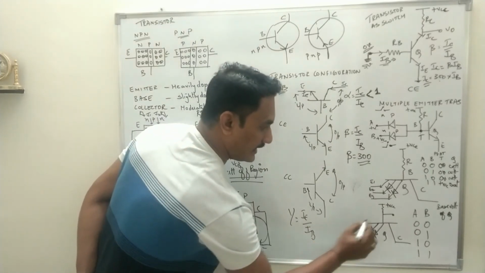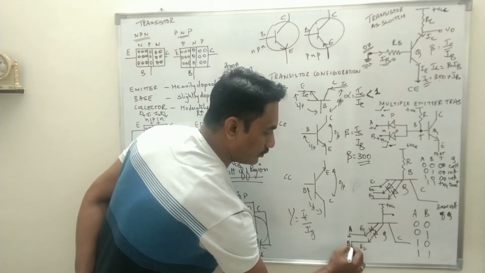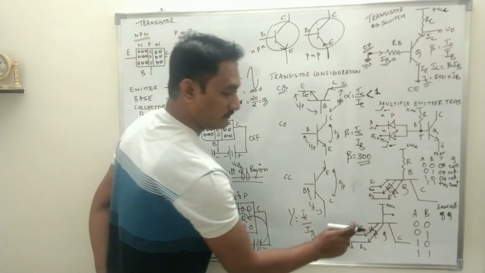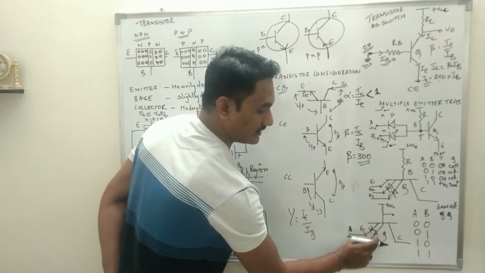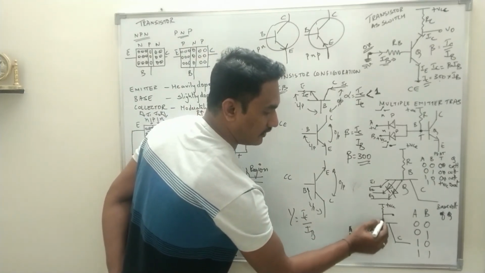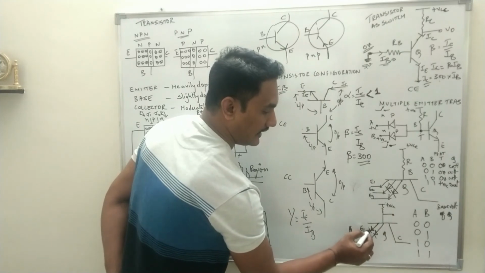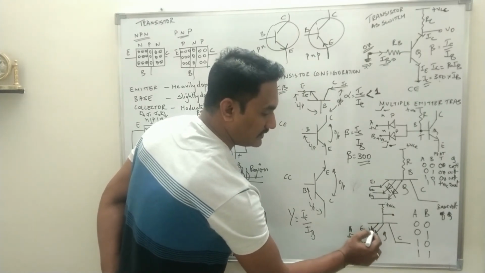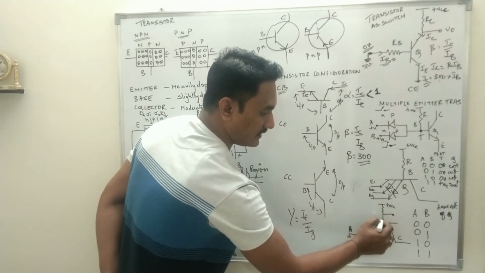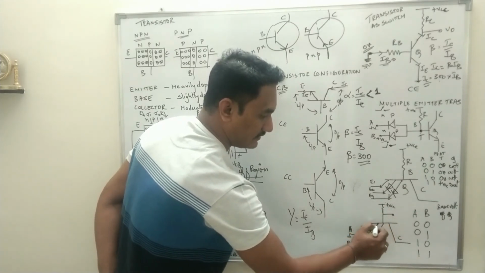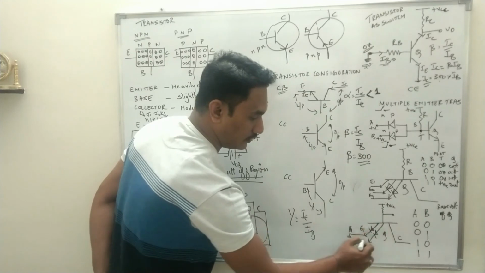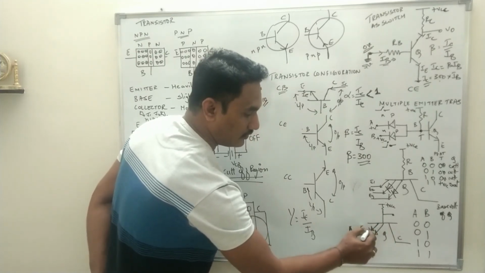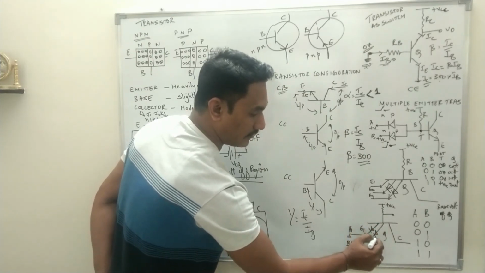Now when I say A and B both are 0, that means both A and B are ground terminal. What happens to this PN junction? Both P regions are already connected to positive, N regions are connected to ground. So both the PN junctions are forward bias. That means current will flow like this, and it will go to ground, either through the upper diode or the lower diode.